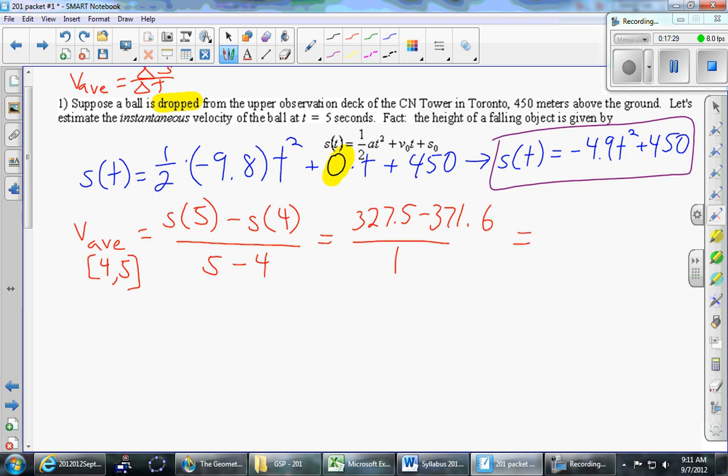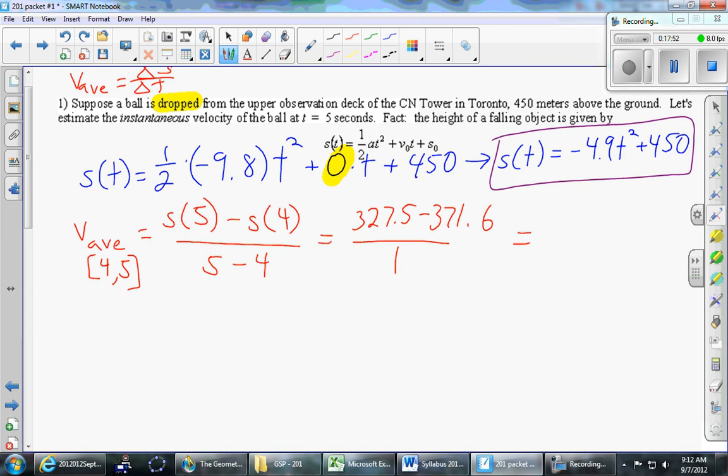So 5 seconds in, the ball is at 327.5 meters. 4 seconds in, it was higher than that. Does that make sense? Which way is the ball going according to those numbers on top? Yeah, it's going down, right? Because later into the experiment, it was lower than earlier in the experiment.